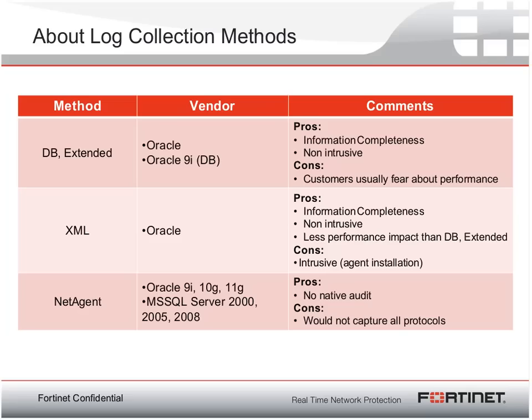It requires enabling the audit on. So it's non-intrusive in the sense we don't change anything, but it's intrusive in the sense we need to switch this auditing capability on and use something within the database. The disadvantage of the XML is that it requires the agent installing, because the XML output is just stored to a local file, but the agent is required to take that file and send it to the FortiDB.